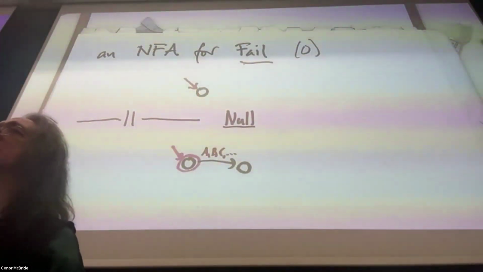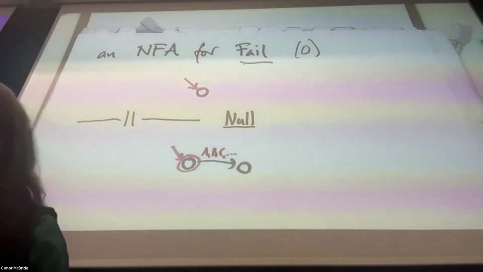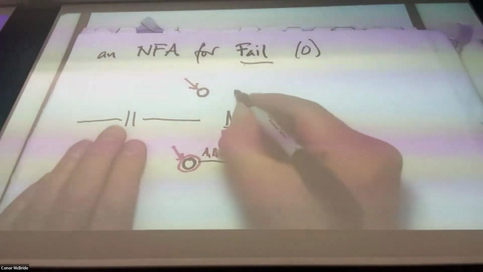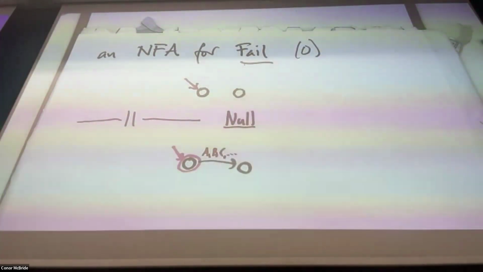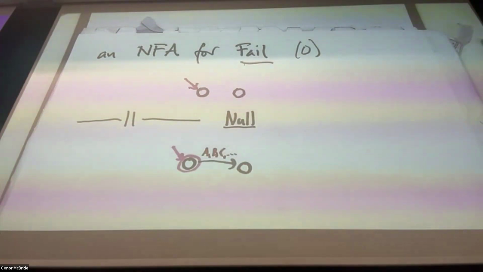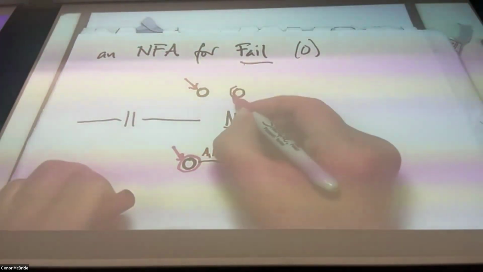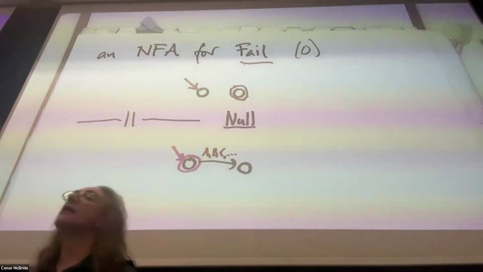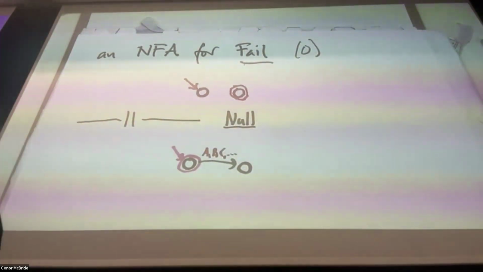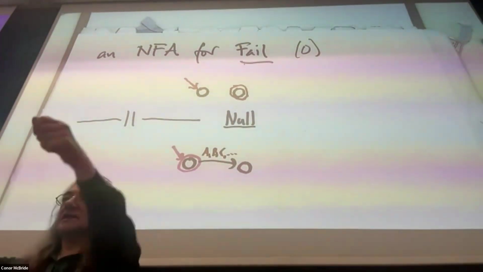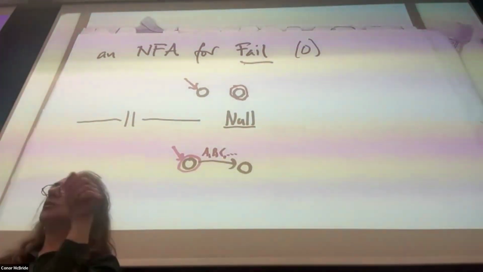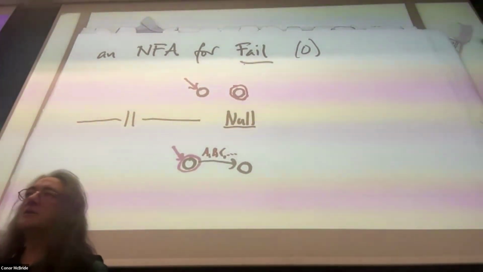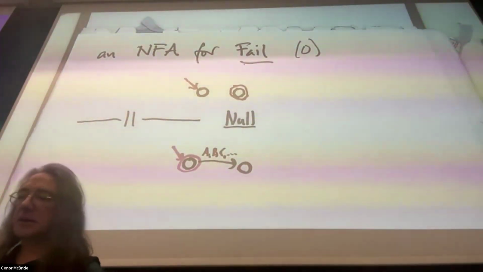So one designated start state, one designated accepting state. So I'm just going to finish my example by doing that. There's an accepting state. You just can't get there. Right. Okay. So that means each of these things is going to have one beginning and one end. Okay. So we've got fail and null.